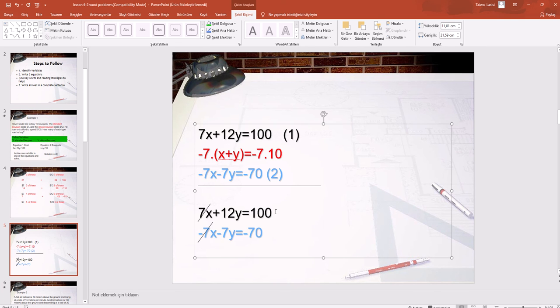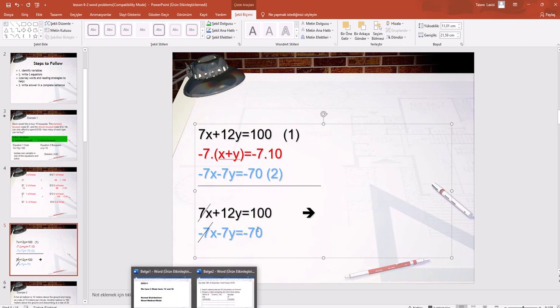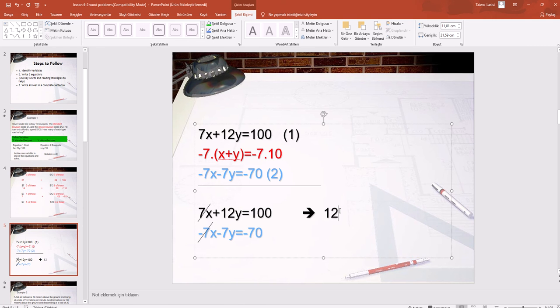Okay, so tell me what I'm going to write. 12y equal to 100. Minus 7y. 12y minus 7y, yes. Equals 100 minus 70. Yes, that's it. Thank you.